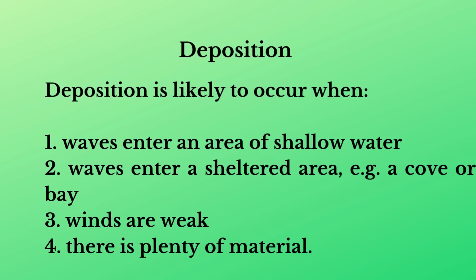For example, when waves enter shallow water, where the waves enter sheltered areas such as bays, where the winds are weak and therefore the waves are more of a constructive type. It also occurs where there is plenty supply of material.